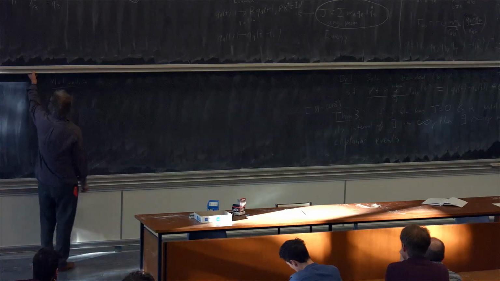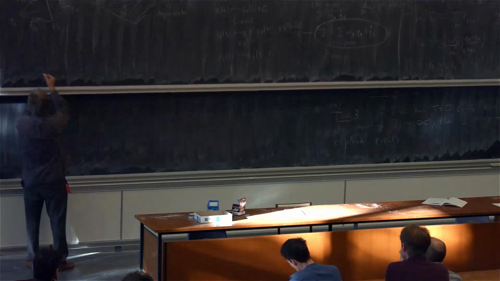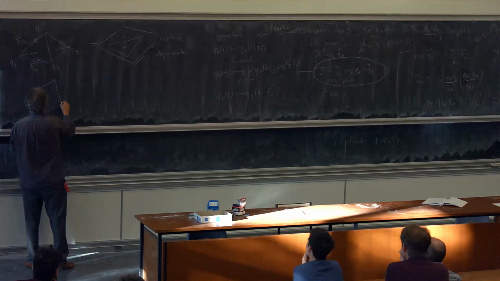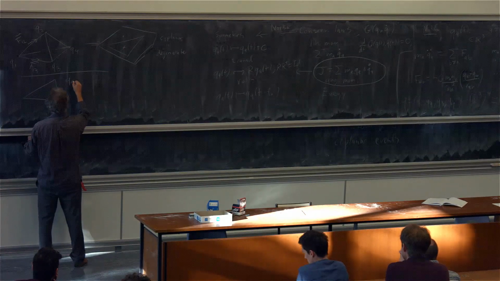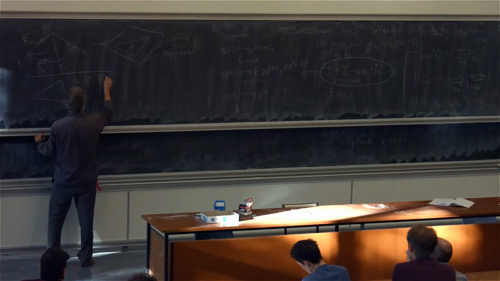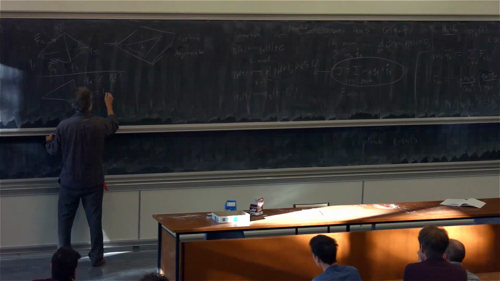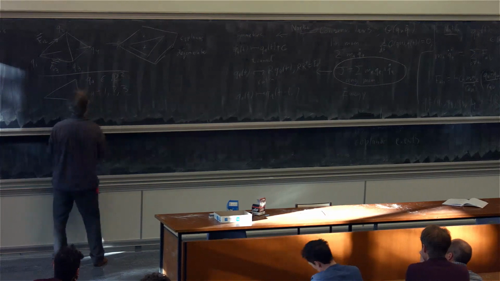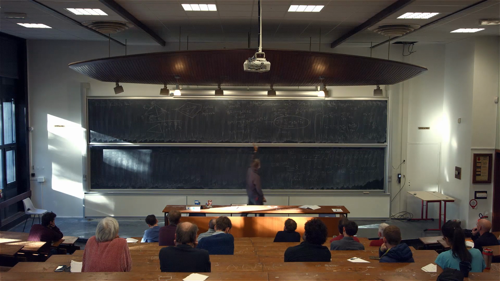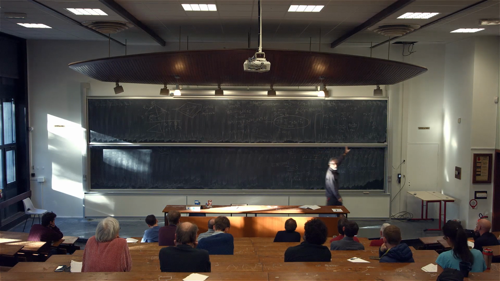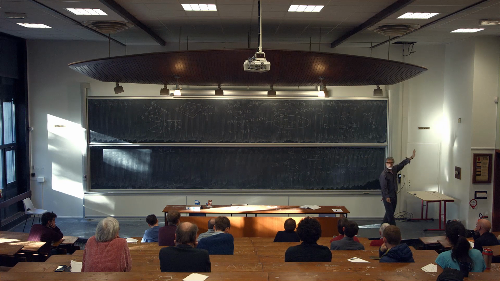For the motivation, I'll just look at triangles. So the q_a are going to be in R2, a equals 1, 2, and 3. Everything is the same.